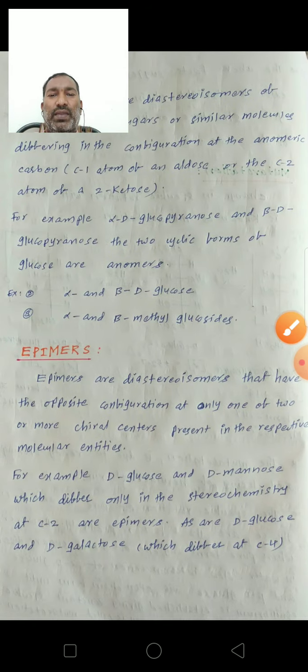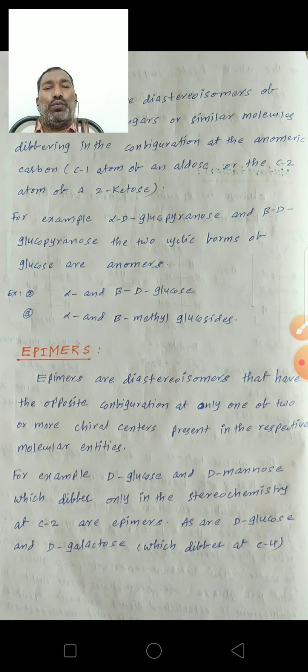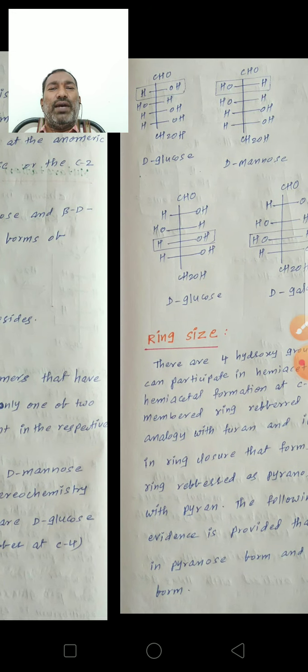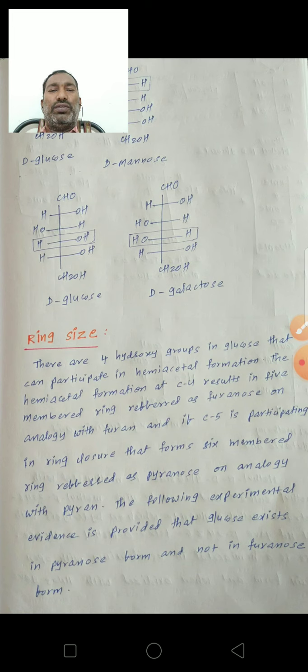So epimers are diastereoisomers that have the opposite configuration at only one of two or more chiral centers present in the respective molecular entities. See here, D-glucose and D-mannose contain 4 chiral centers, and D-glucose and D-galactose also contain 4 chiral centers.